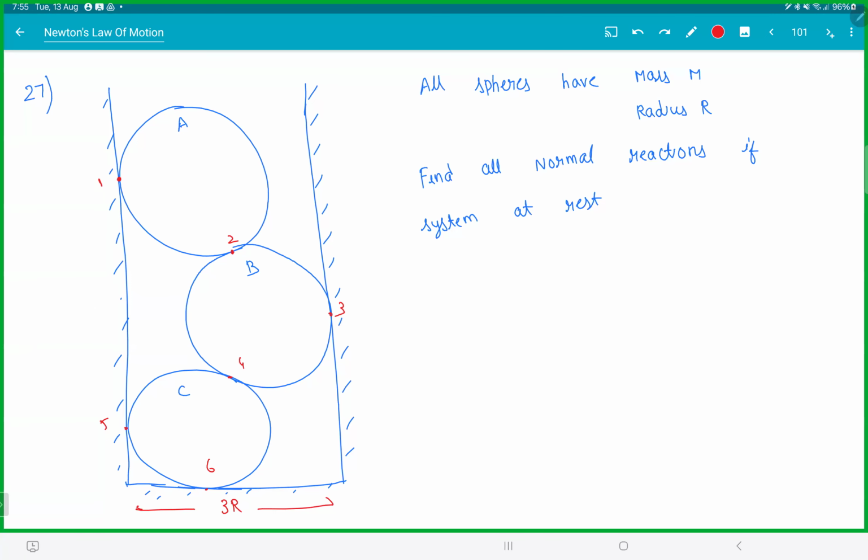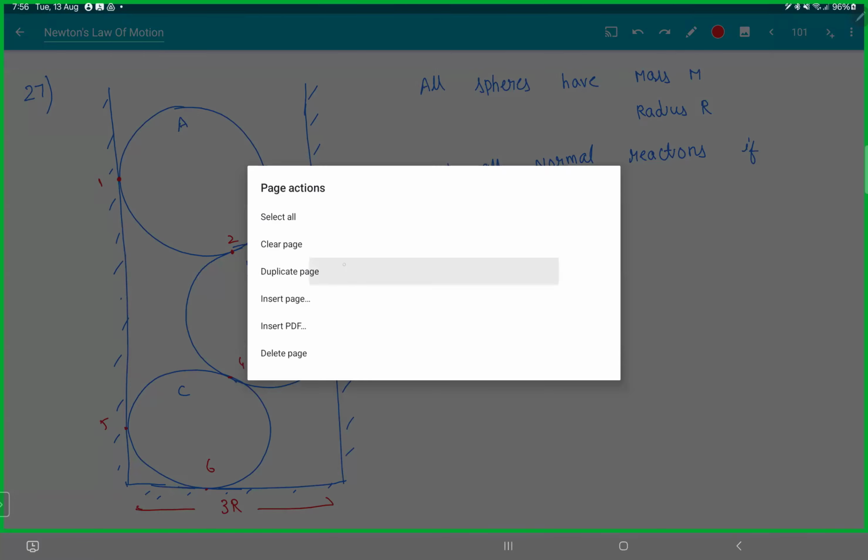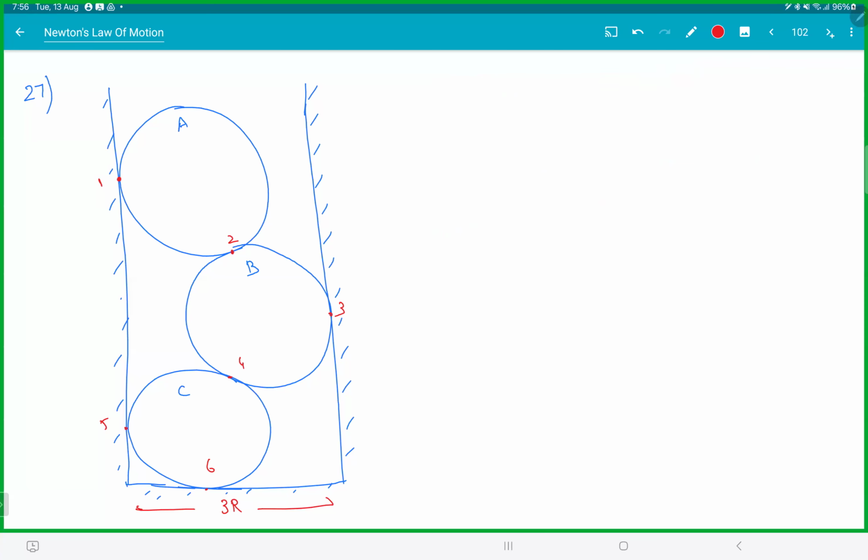Yeah. Let's see the angles. The first thing, I will choose the whole thing as one system.